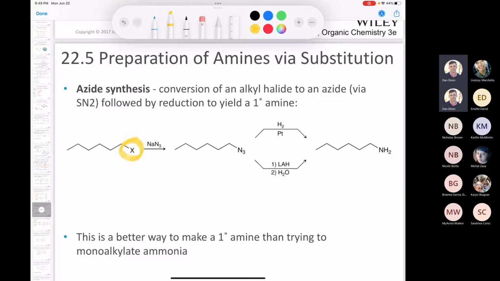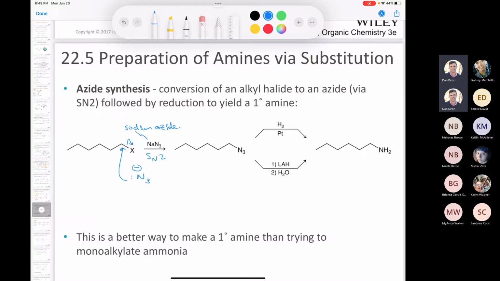So we have an alkyl halide, and we can do an SN2 with this compound here, and this is called sodium azide. If you're wondering about the Lewis structure of azide, I have it on the slide coming up. So sodium azide, and azide is obviously a good nucleophile, so we could just draw N3- like this, and it can do an SN2 like that.